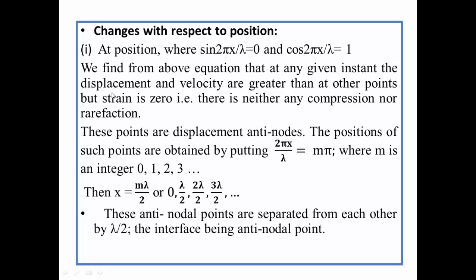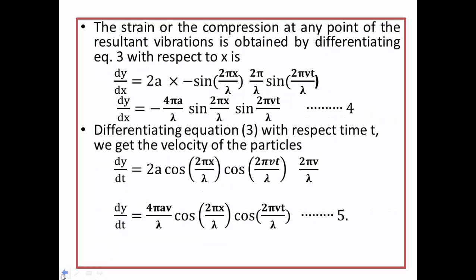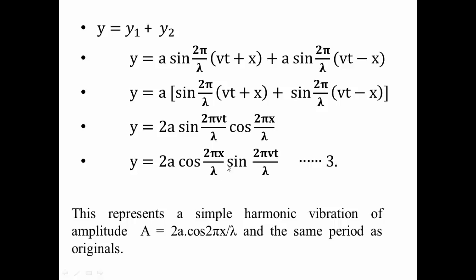So we find from the above equations that at any given instant, the displacement and velocity are greater than at other points, but strain is 0, that is, there is neither compression nor rarefaction. How can we understand?